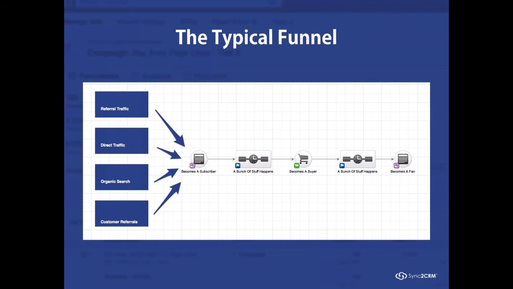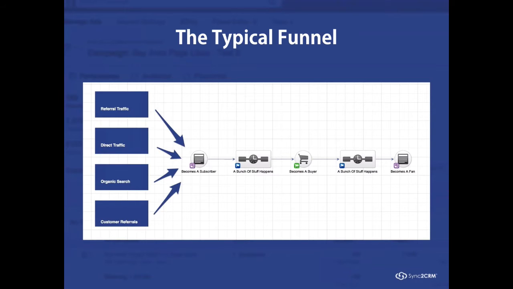So outside of paid advertising, these are typically your four sources, and they bring people into the top of your funnel where you have some sort of a form, probably an Infusionsoft form, which is an opt-in for either your newsletter or a lead magnet of some sort. The whole goal is, when they hit your website, to get them to fill out that form.